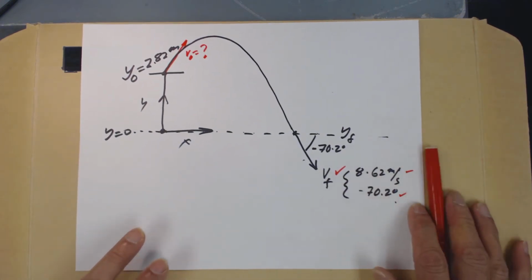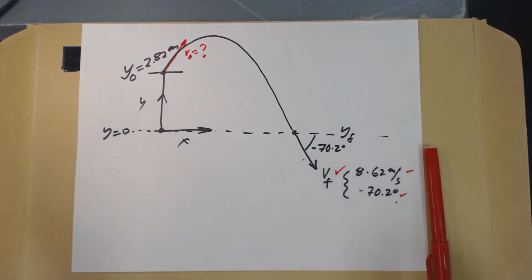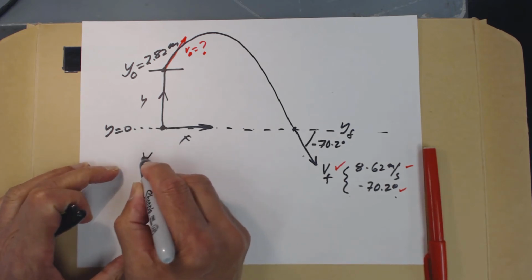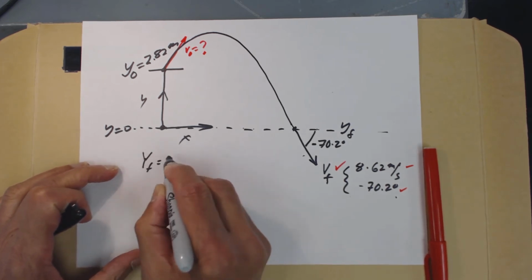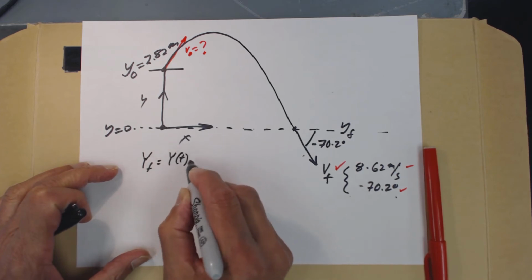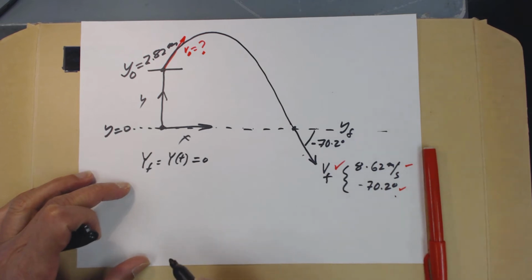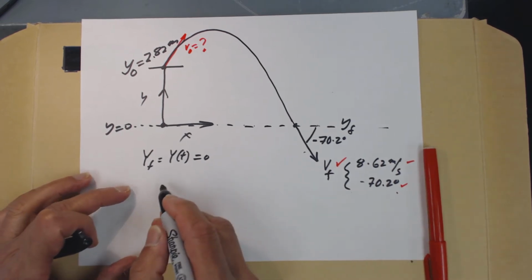All right, I'm going to come to that. But what has happened? y final, y at time t, equals 0. Y0 was 2.82 meters.